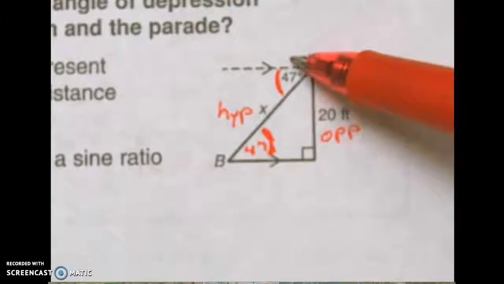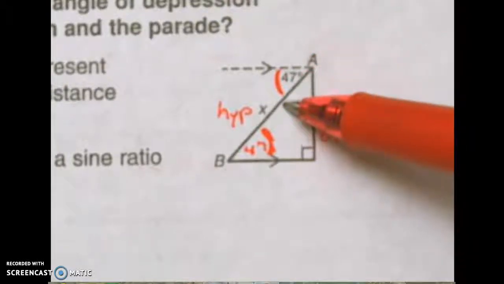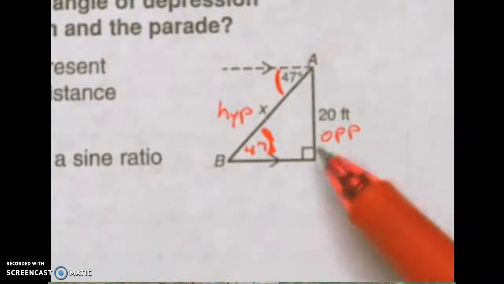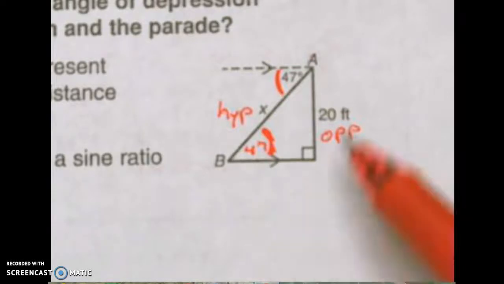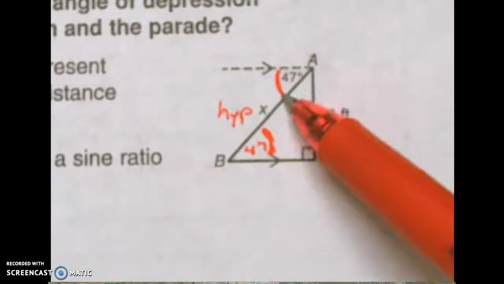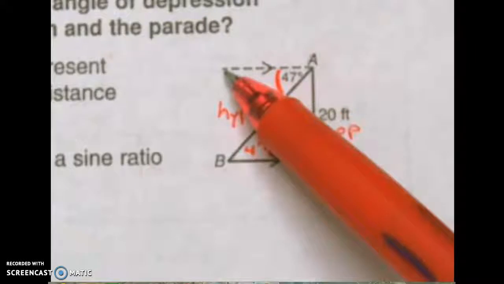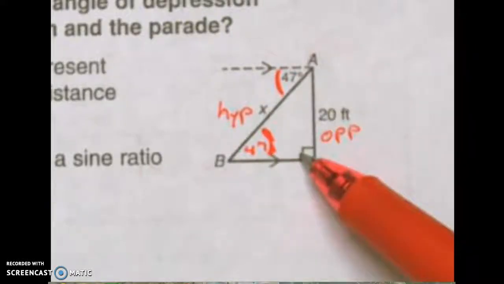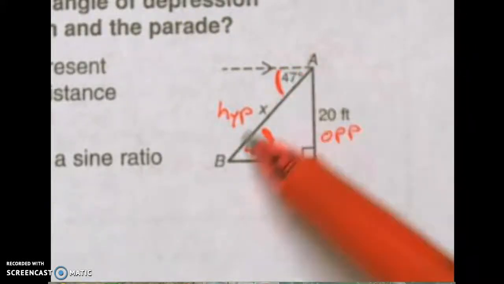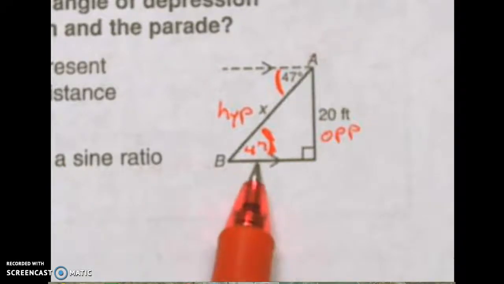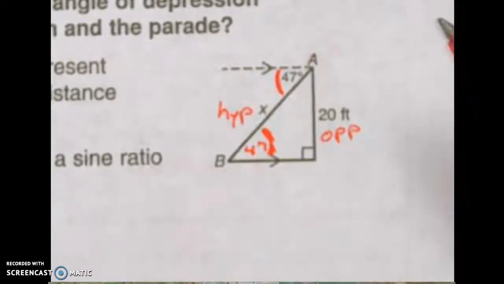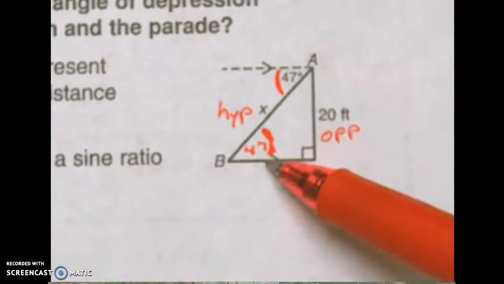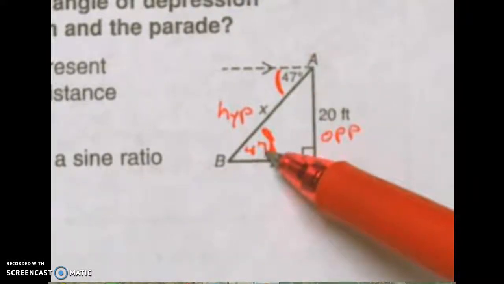She's got an angle of depression of 47 degrees, and we want to know how far she is away from the parade horizontally. You're looking at that angle of depression of 47 degrees, and you know because of horizontal lines being parallel and the alternate interior angles that the angle inside my triangle is also 47 degrees. So you're using the idea of the angle of depression to identify what the angle inside my triangle is.